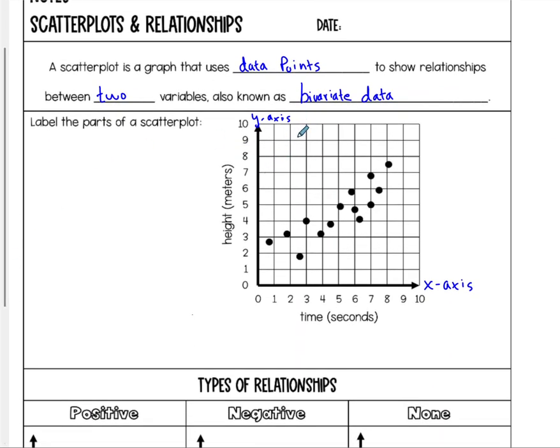All right, so let's go ahead and label some of the scatter plot. We already did the y-axis, we have the x-axis. On the x-axis, this variable, we call the independent variable.